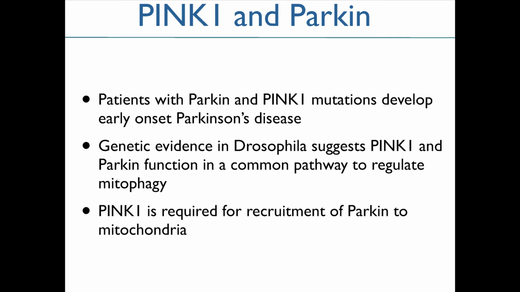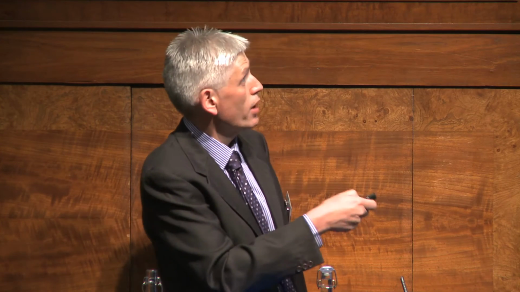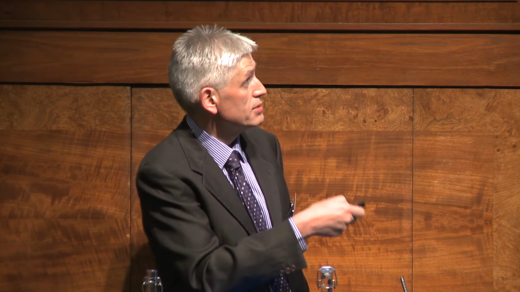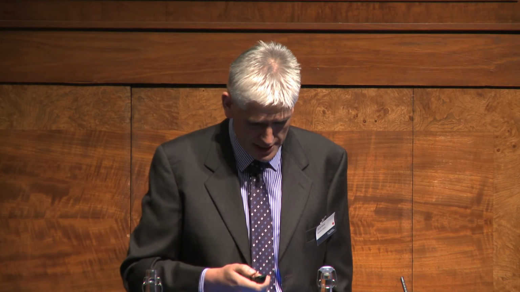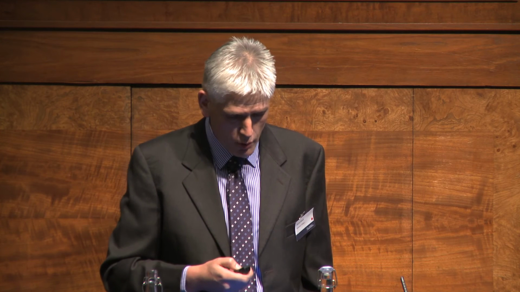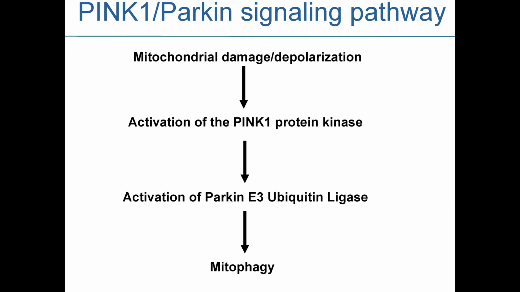Very elegant genetic studies, mainly in Drosophila, have suggested previously that PINK1 and Parkin may function in a common pathway, which explains why patients with either one of these mutations display very similar symptoms in the clinic. Previous work that Miratul did suggested that this is a pathway that recognizes mitochondrial damage.